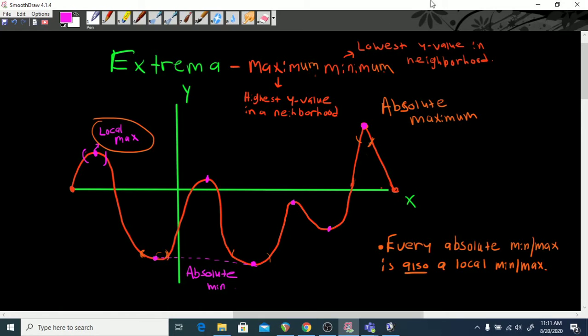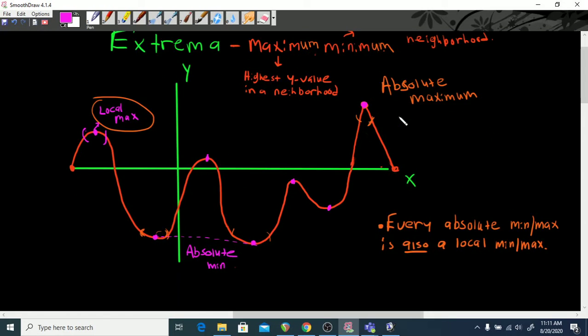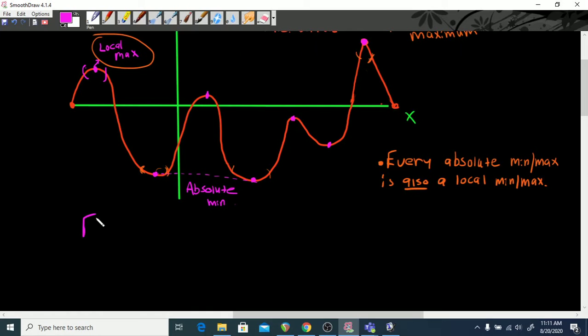And also, something I want to point out about Extrema is that Extrema refers to the y value. And this might seem obvious, but let's have a discussion.